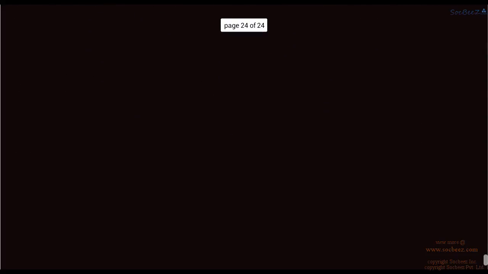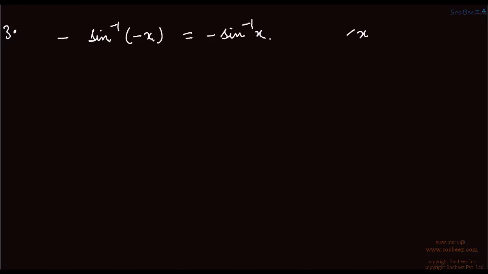Now the third set of properties we are going to deal with, that is sine inverse of minus x and cos inverse of minus x. First is sine inverse of minus x. What is sine inverse of minus x? It is minus of sine inverse x. The domain will again remain minus 1 to 1. Why is that?